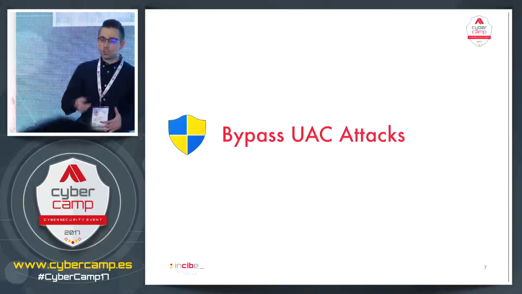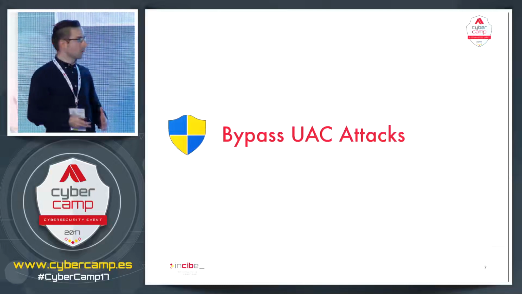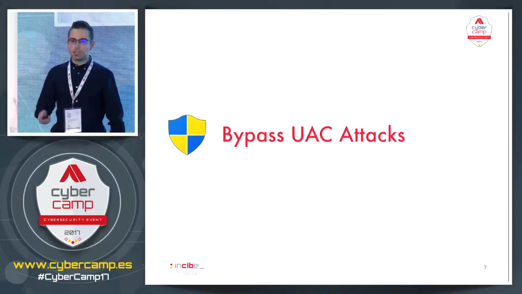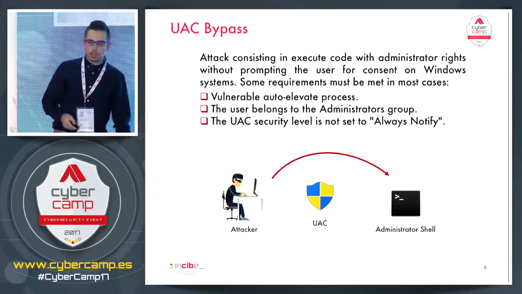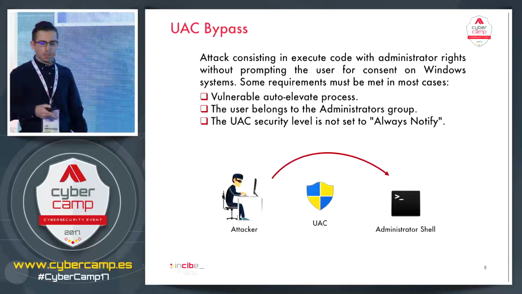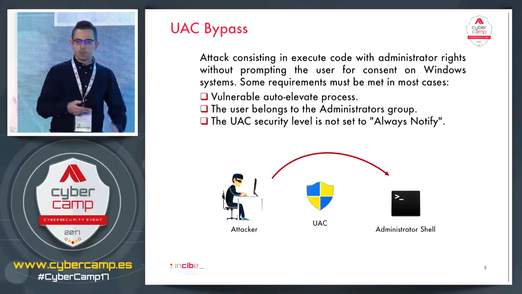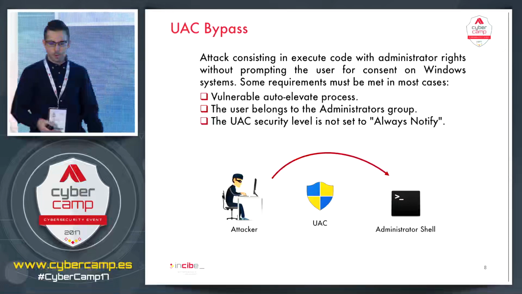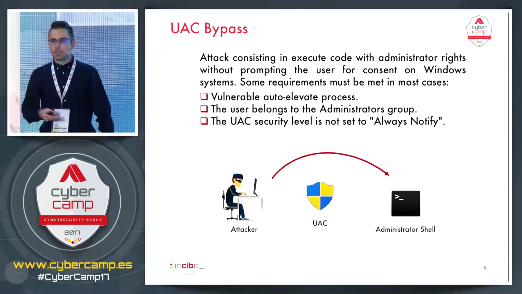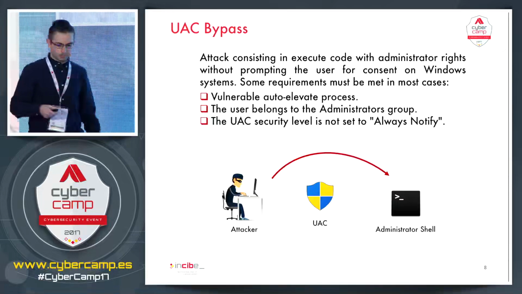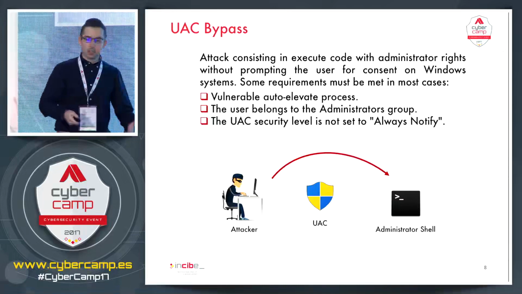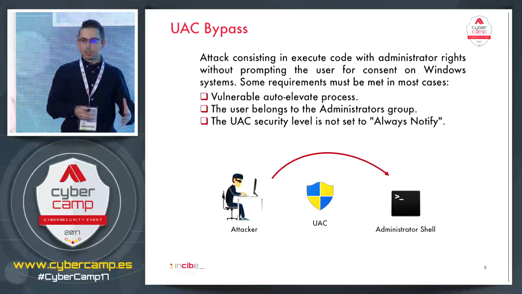So now let's focus on the different attacks that we can use in order to bypass the user account controls, the so-called bypass UAC attacks. What we want to do is execute an application with administrator rights, but without the user knowing. We need several requirements. These are the three main ones.